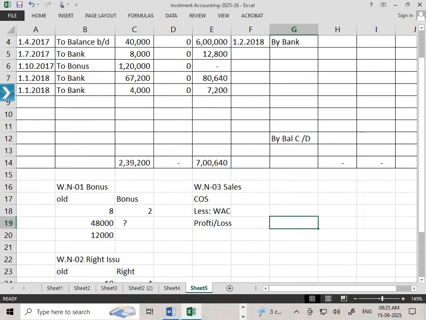So first of all, we have to calculate WAC, that is weighted average cost. What is the formula for the weighted average cost?